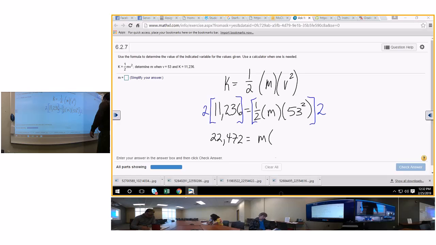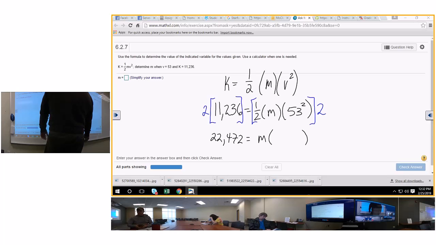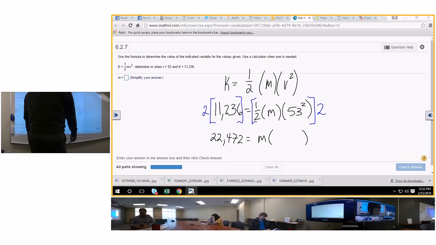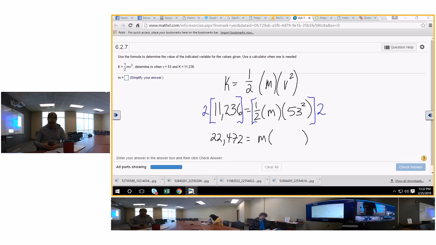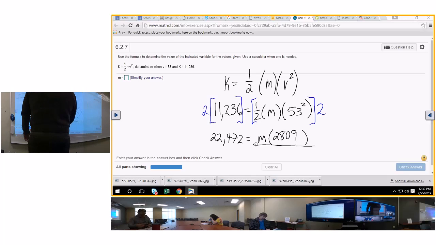And what is 53 squared? I asked y'all to multiply that like 2 or 3 minutes ago. 53 squared. 2809. Now, how do you get rid of multiplying by 2809?